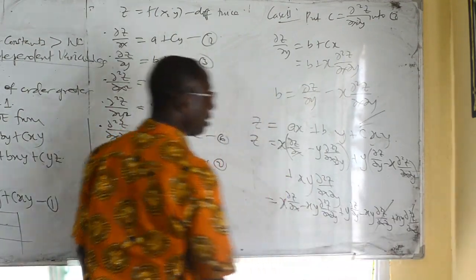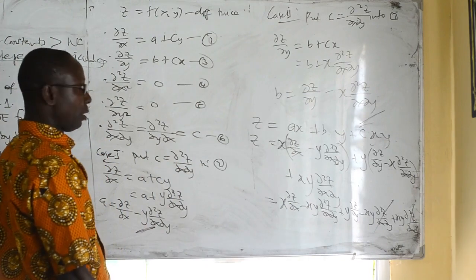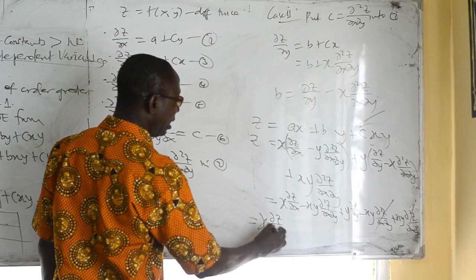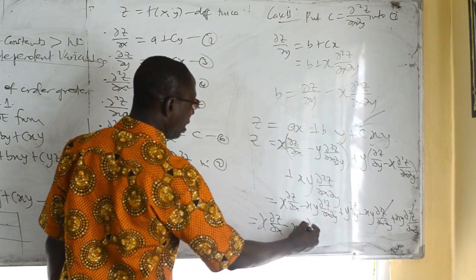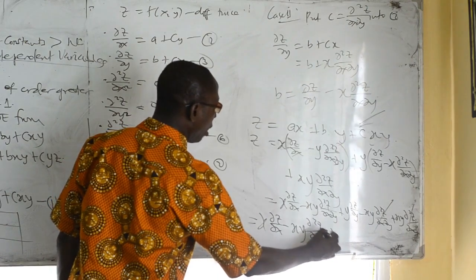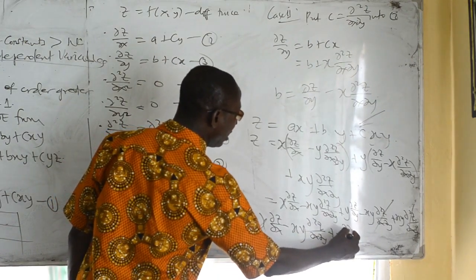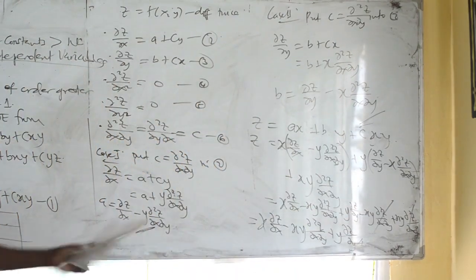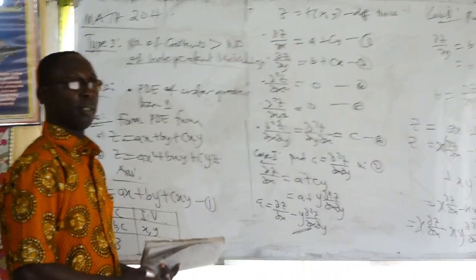This can cancel this. So what we are left with is x dz dx minus xy d squared z over dx dy plus y dz dy as my final answer. So this is the final answer. Thank you.